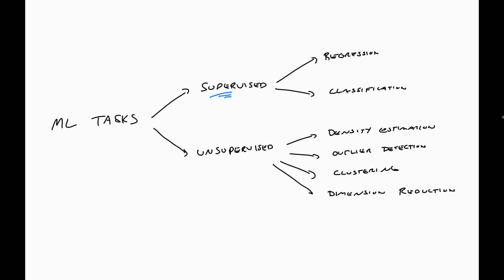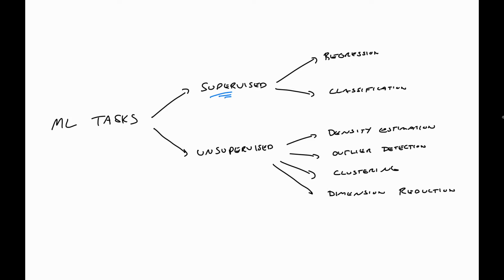For dimension reduction, we're probably not going to talk about a ton on its own, but we will talk about how to use it as part of a supervised learning task. But again, much more on that much later.